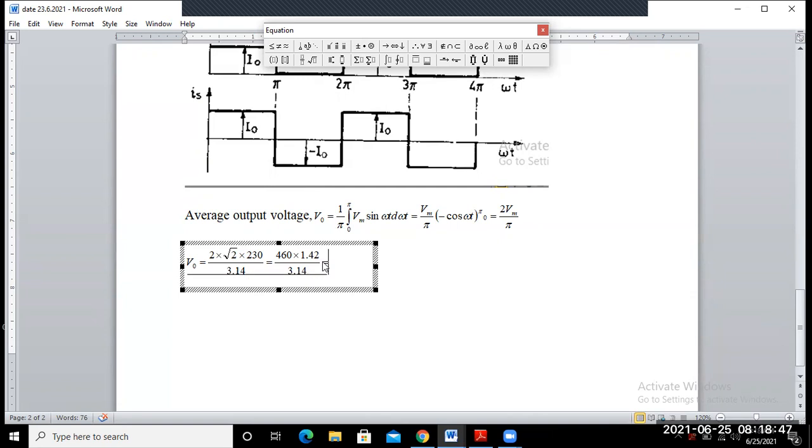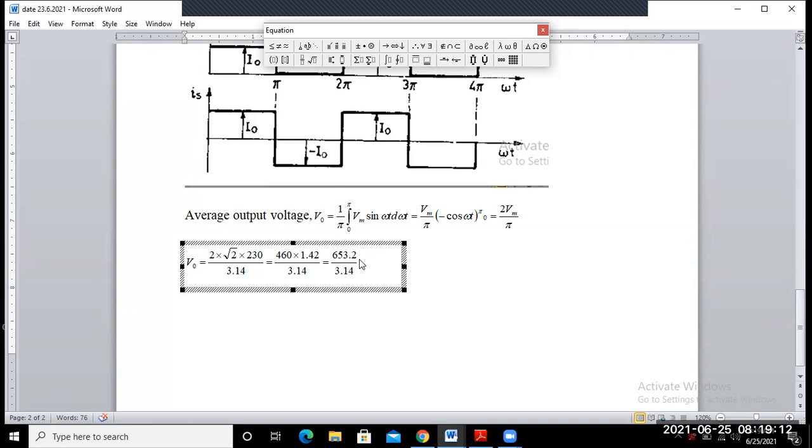That means 653.2. So 653.2 divided by 3.14.